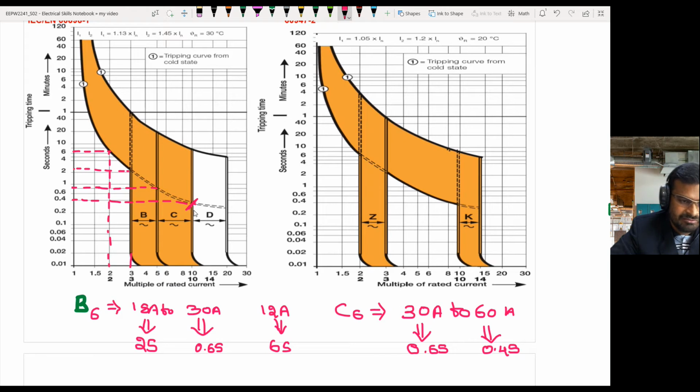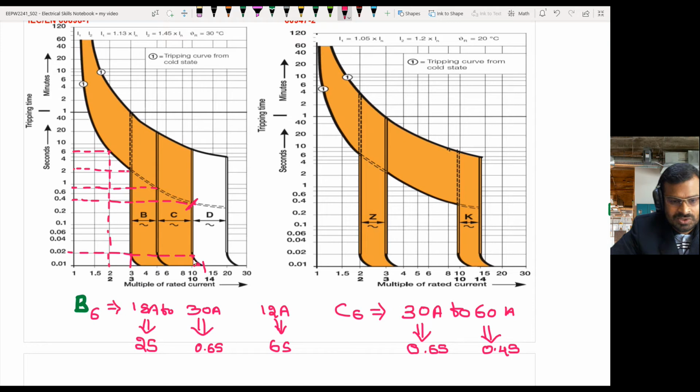Anything beyond this 10 IN dips very fast and takes very little time. For a value a little greater, like 11 times, 12 times or 13 times IN, the time is reduced to 0.02 seconds, and at 12 or 13 times the IN value, it goes less than 0.01 seconds.